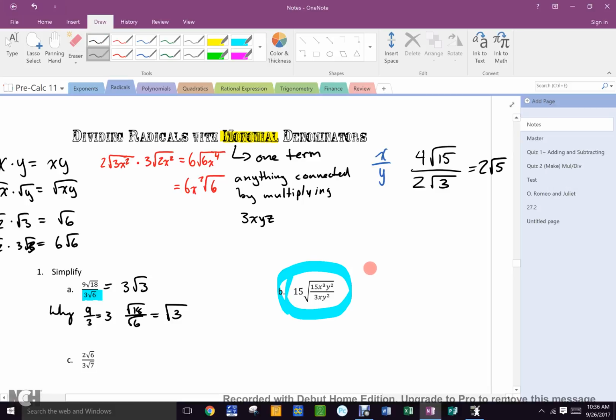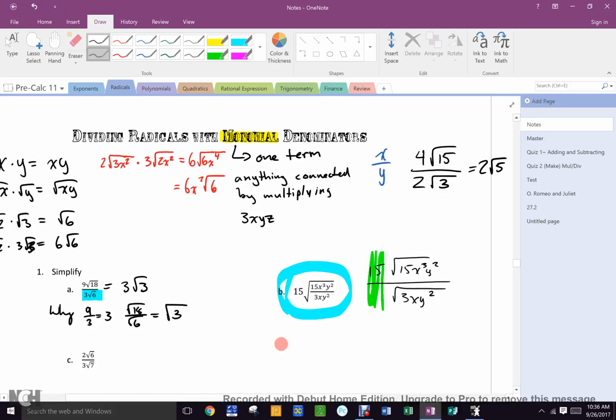Isn't this the same as 15 root 15x cubed y squared over root 3xy squared? Is it the same thing? Excellent. So if I rewrote it, is it easy to do? Yes, because coefficients go with coefficients.